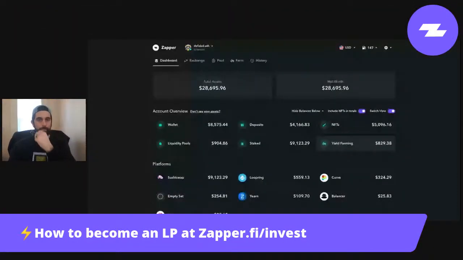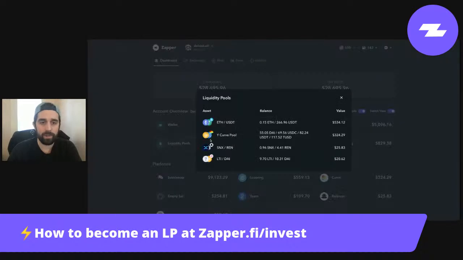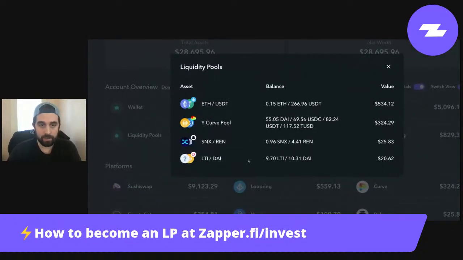Here we go. Okay, so if you go to Zapper.fi, if you've never used it, you can connect your wallet. You can visualize your whole DeFi portfolio like I am here. If I click into liquidity pools, here's an example of 4 different pools that I'm in.